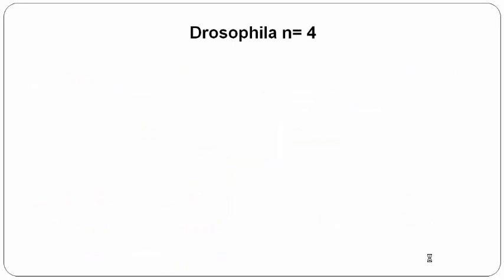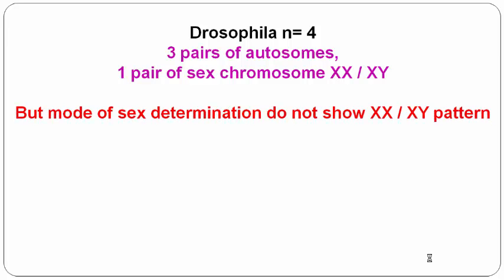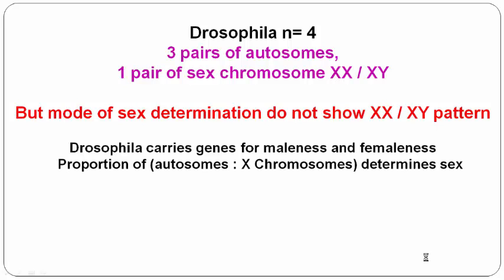The total number of chromosomes in haploid condition are 4, 3 pairs of autosomes and 1 pair of sex chromosome XX and XY, but the mode of sex determination do not show XX XY pattern.